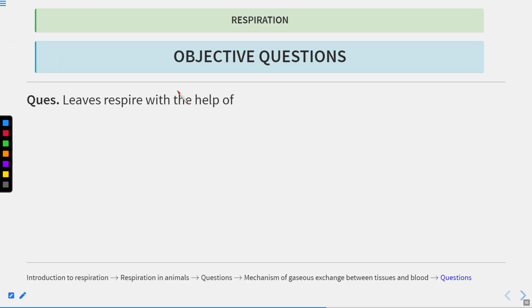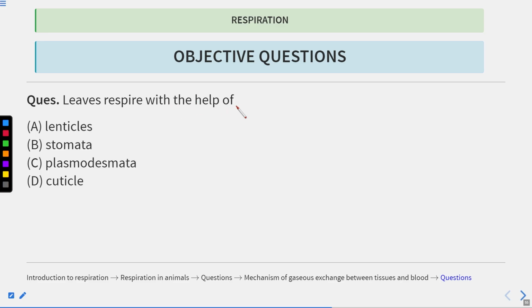The next question is, leaf respires with the help of, let's have a look at the options: lenticels, stomata, plasmodesmata, or cuticle. If we talk about the leaves, what is present in the leaves? Let's draw the structure. If this is the epidermis of the leaf, what does the epidermis consist of?